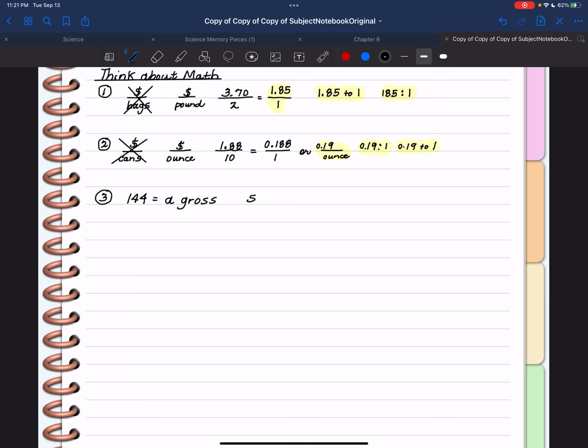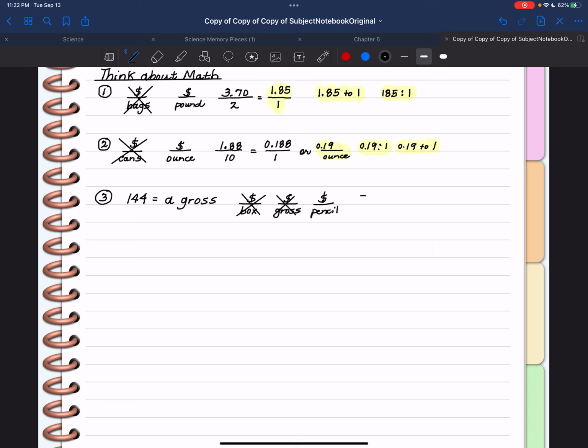So we could set up dollars to boxes. We could set up dollars to gross, and I see that one quite often. But neither of those answer the question, because the comparison we're supposed to make is dollars per pencils.